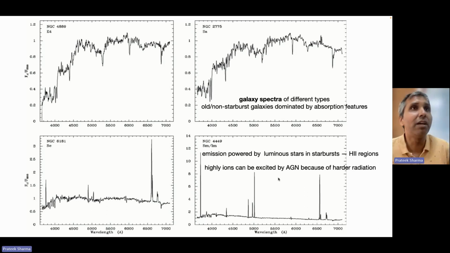There is something called the BPT diagram. I'll actually be using a little bit of these terms. This BPT diagram is a ratio of different lines. Flux is measured at different lines, and galaxies lie somewhere else, AGN lie somewhere else in these emission ratio plots.